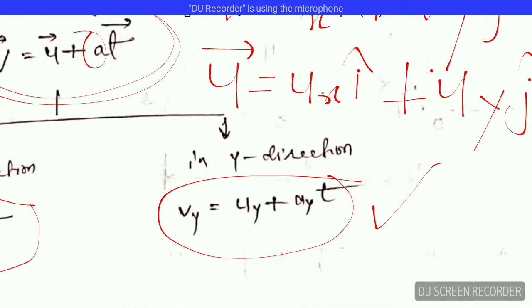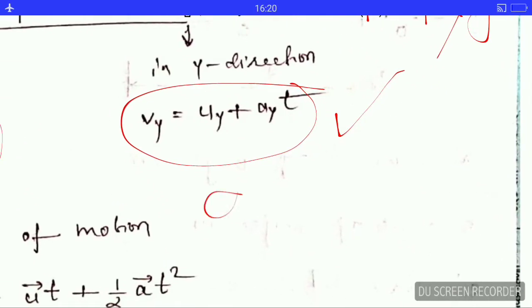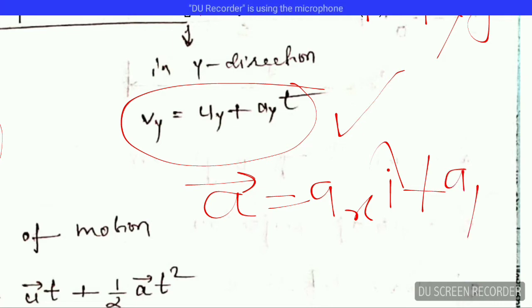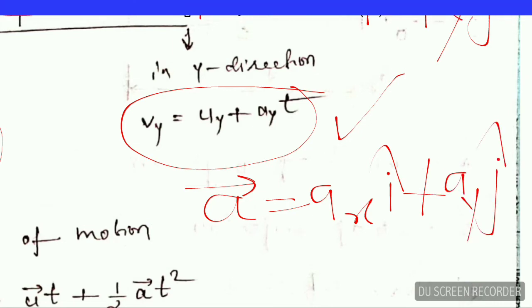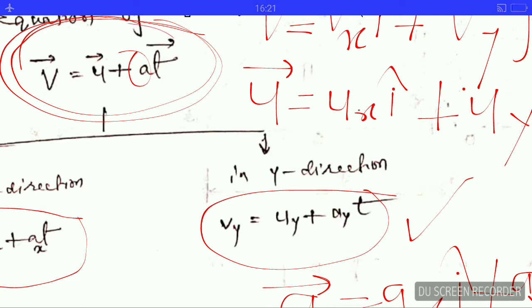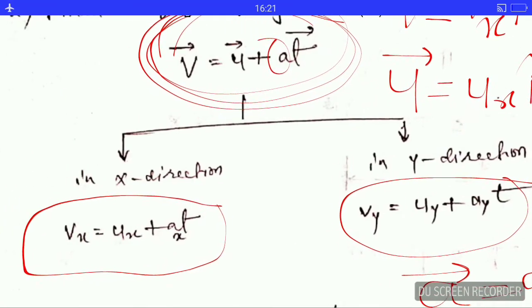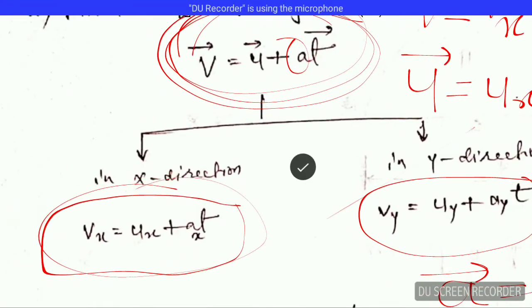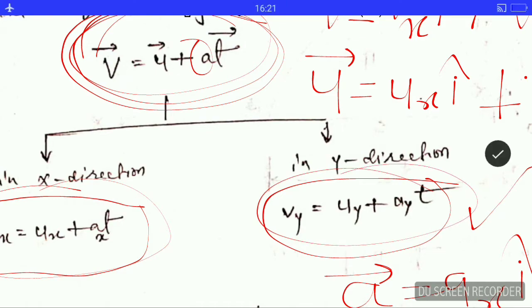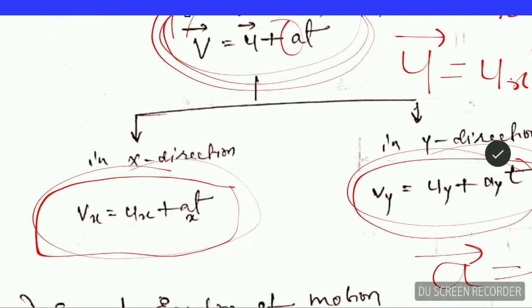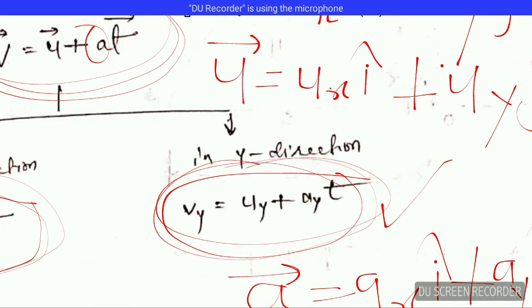And in a similar fashion a is ax i plus ay j. Okay, so if you substitute all these values in this equation, then you will directly come to these equations on comparing the x and the y components. So don't get confused. Simply see that this is the x component, and this is the y component for the first equation of motion.